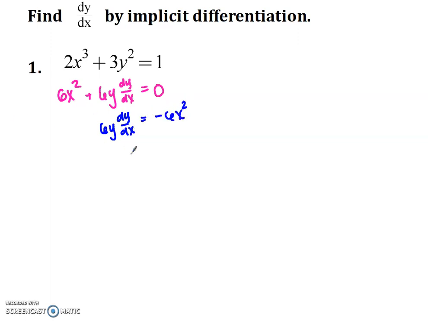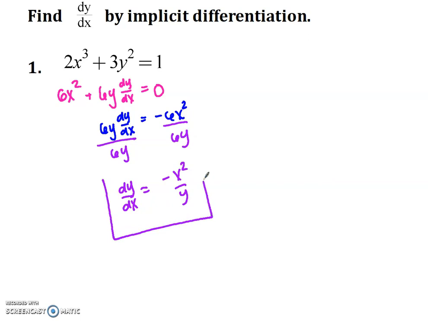And then I will divide by 6y, and I'll get dy/dx equals, I can reduce the negative 6 over 6. That'll just give me negative 1x squared over y. So once you've solved for dy/dx, then you're done with the derivative.